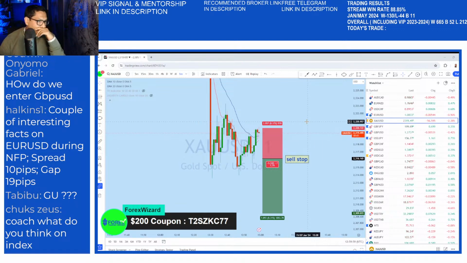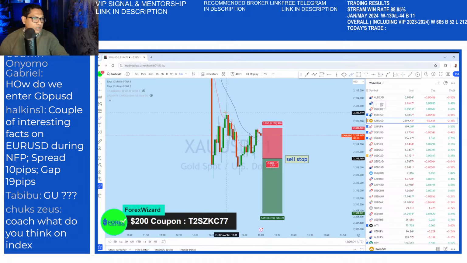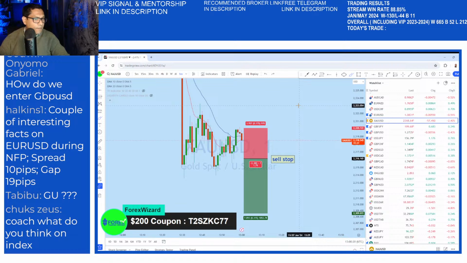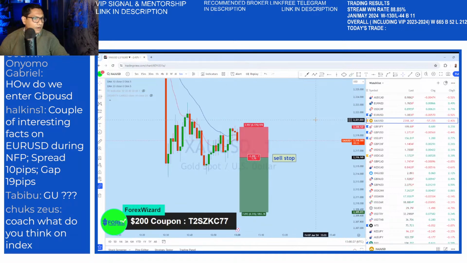Okay, so this structure, what you see, this is a complete triangular structure here. Okay, we can see here. Okay, so now the pending order is still on, guys.